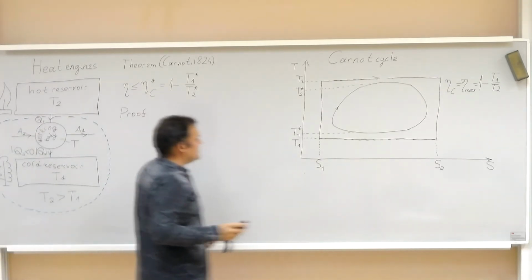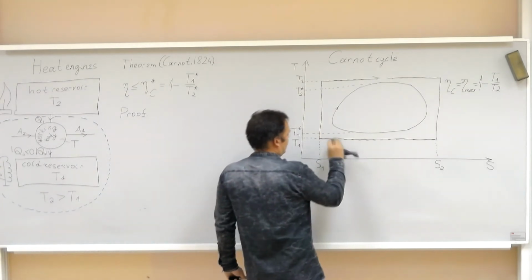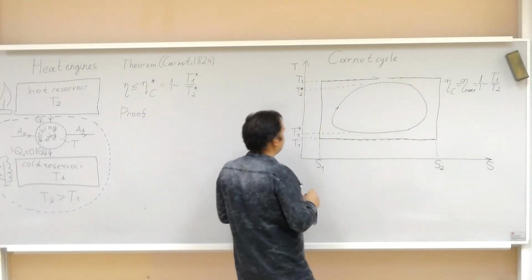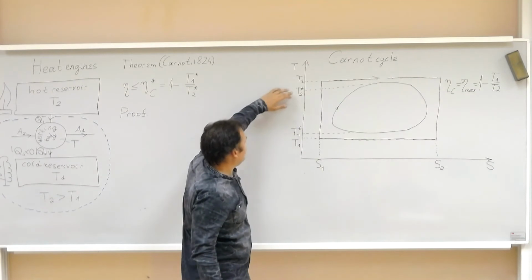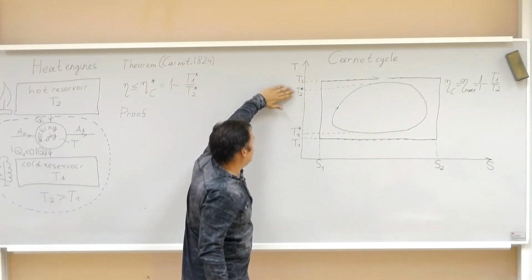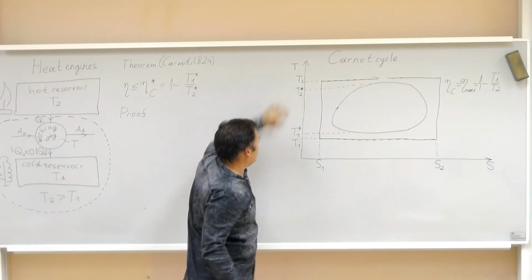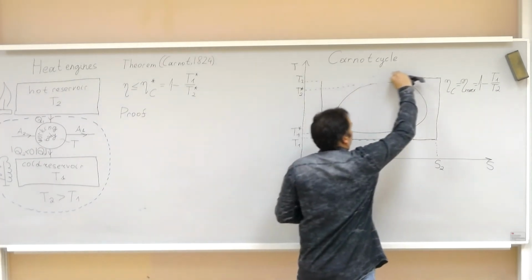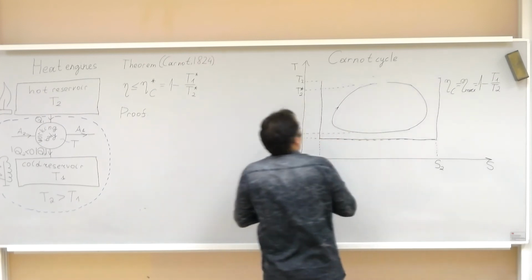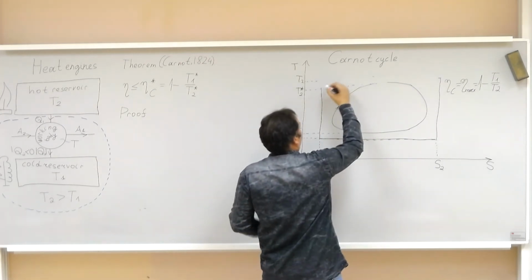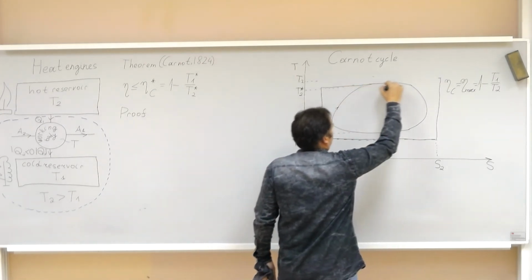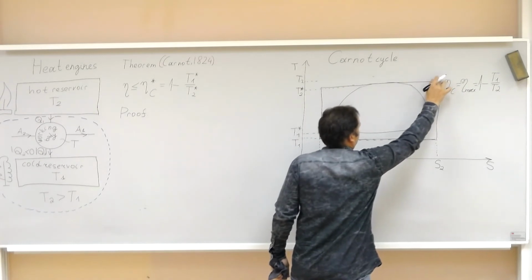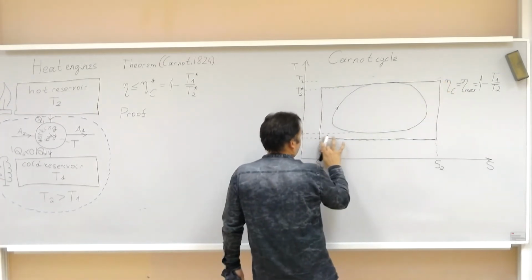Let us consider a Carnot cycle whose lowest temperature is T1 asterisk and highest temperature is T2 asterisk. So, okay, I will draw this cycle and this cycle.